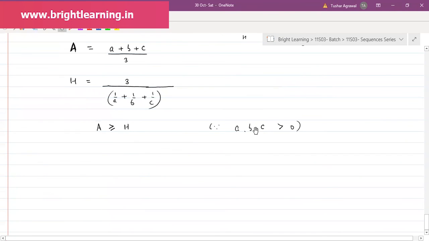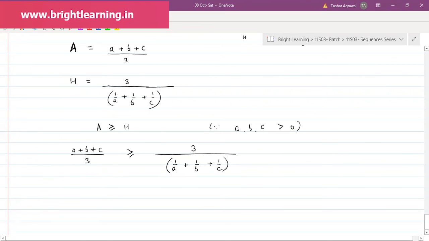The equality will occur if small a, small b, small c are equal, but that we don't know. So arithmetic mean is greater than or equal to harmonic mean. So (A plus B plus C) upon 3 is always greater than or equal to 3 divided by (1 upon A plus 1 upon B plus 1 upon C).